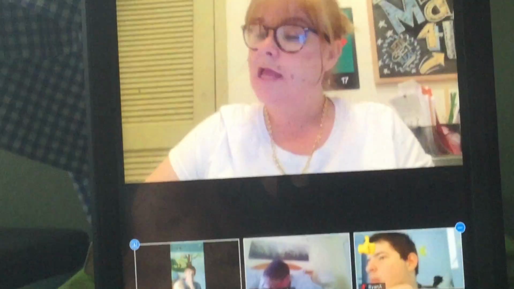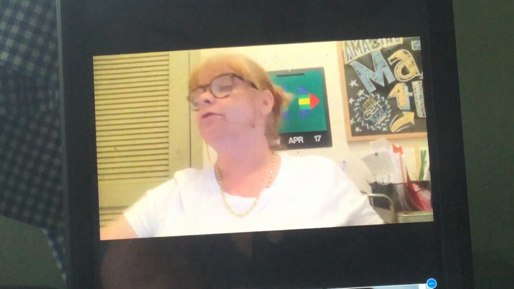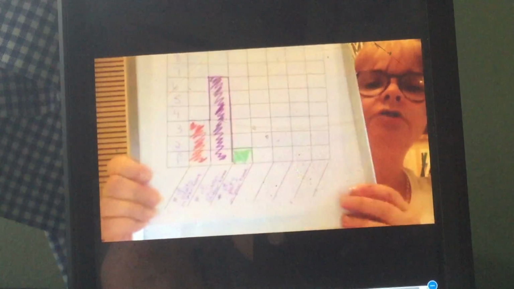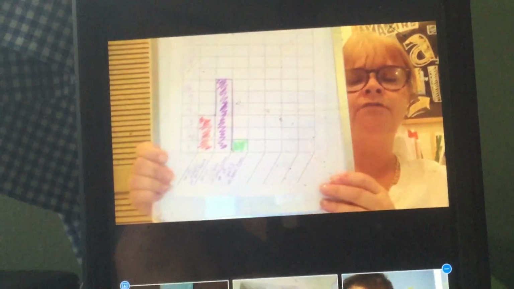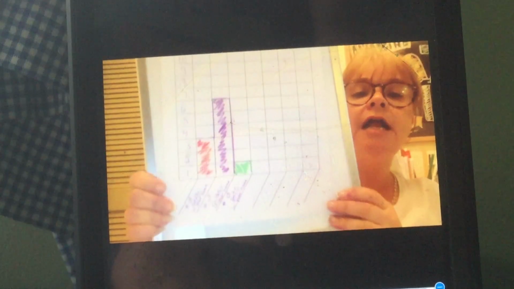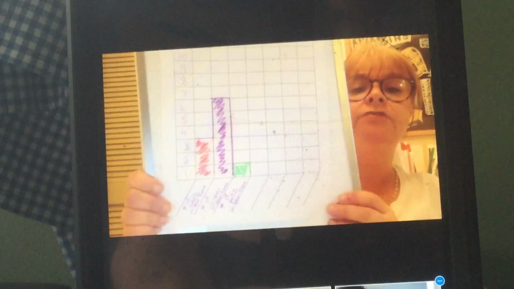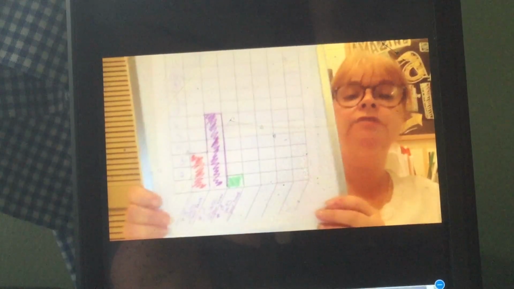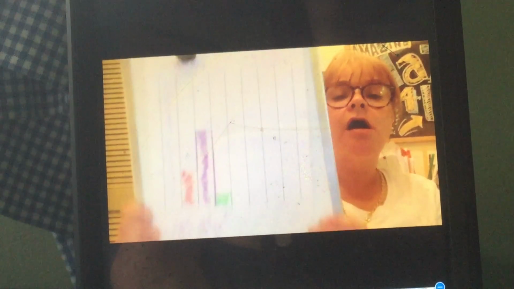Then you're going to do your survey, take your answers, and create a bar graph like we did last time. A bar graph is a different way to express information. It's easier to read. You can look at it quickly, and it's a very useful tool. That's why we've been focusing on it right now.